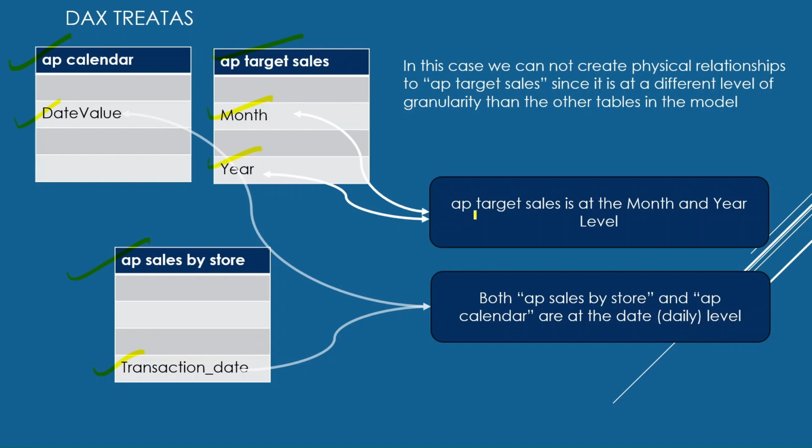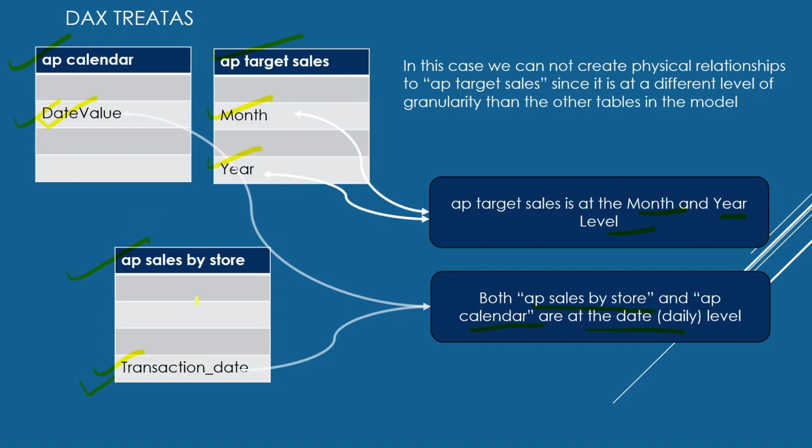Now see, this AP Target Sales is at the month and year level. This value is present at the month and year level. It has a different granularity, and both AP Sales by Store and AP Calendar are at the daily level. This field is based on the daily level. This field is based on the daily level.